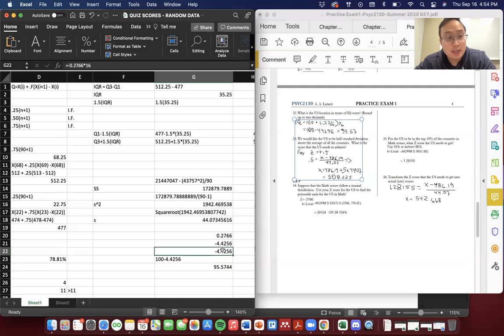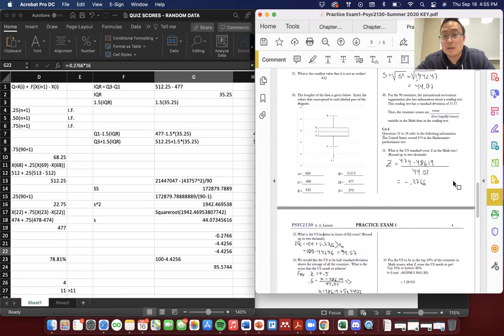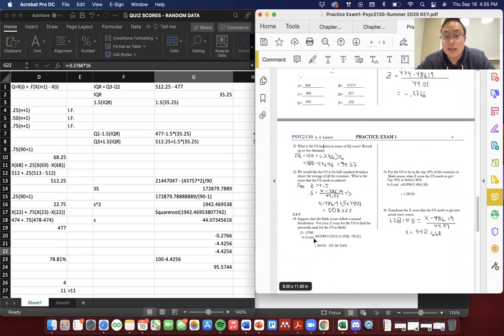Just know that it's negative 0.2766 times 16, right? And so if the US percentile location was translated to IQ scores, this is how much the score would be.